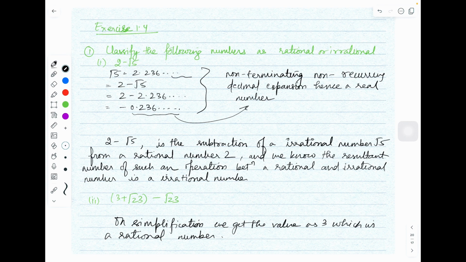See, 3 plus root 23 minus root 23, these will get cancelled. So only 3 is remaining. So 3 is a rational number. Understood?